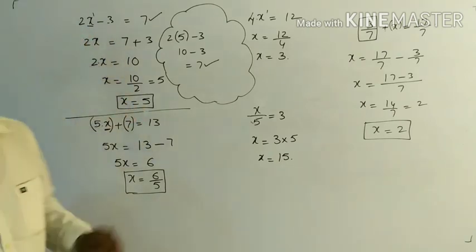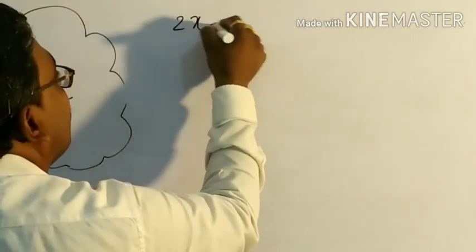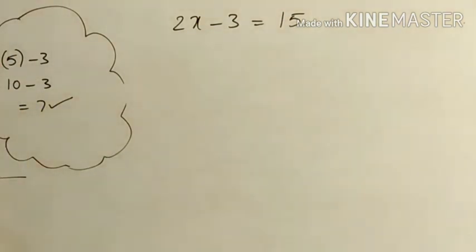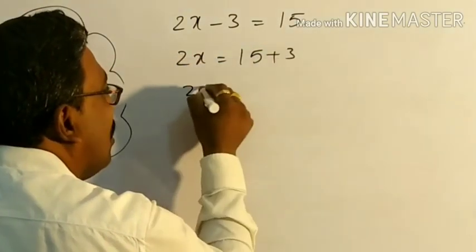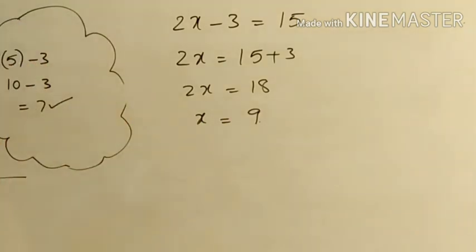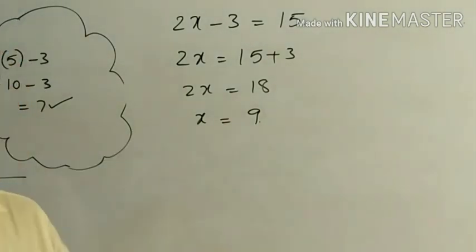Did you understand? Now, suppose the same 2x minus 3 is equal to 15. Will the x value be 5? We'll see. 2x is equal to 15 plus 3. 2x is equal to 18. x is equal to 9. So, x won't always be 5 or always be 9. x is unknown. It differs from sum to sum.